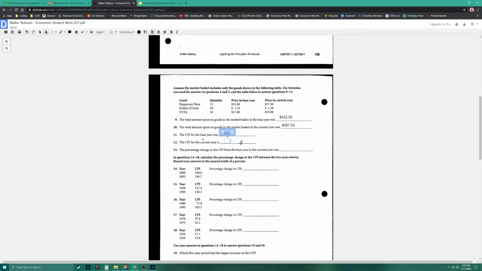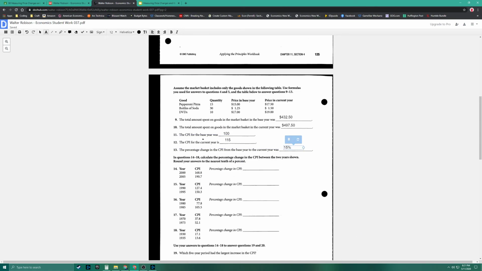So there's a 15% increase. And this is asking you what's the percentage change. So if you look at the difference between the two, it's a 15% difference. So 15%.